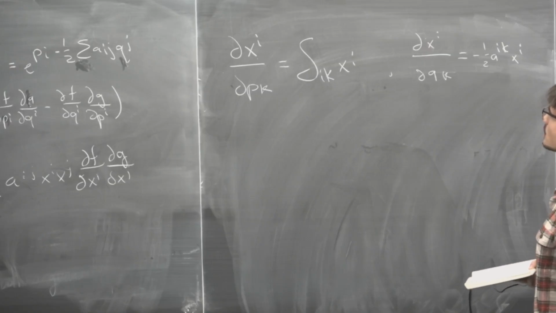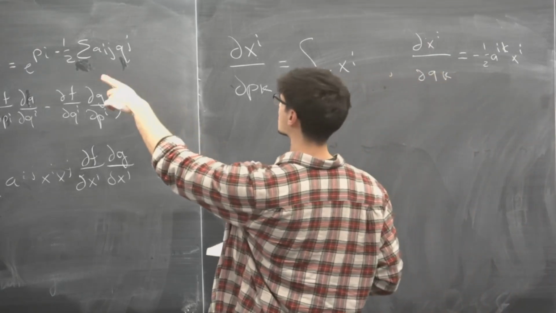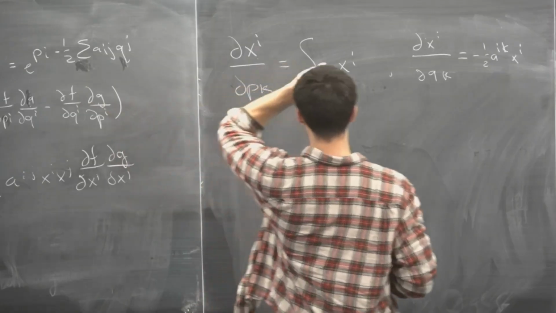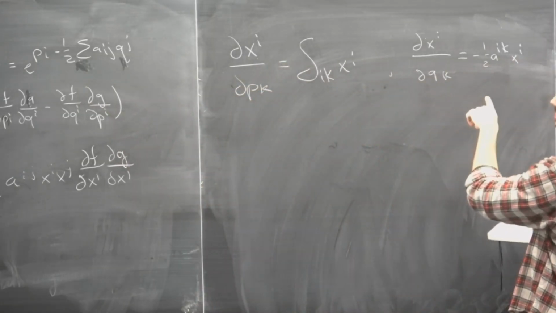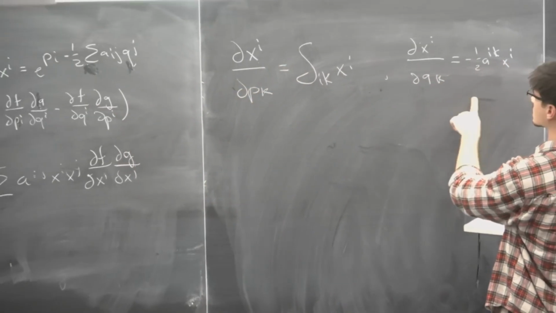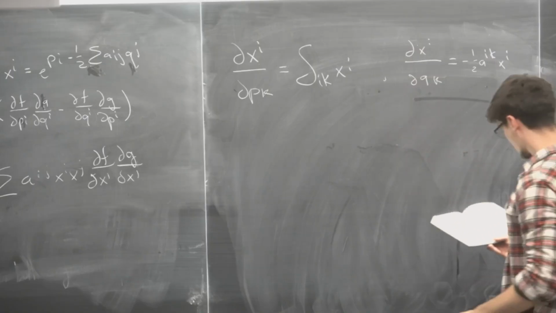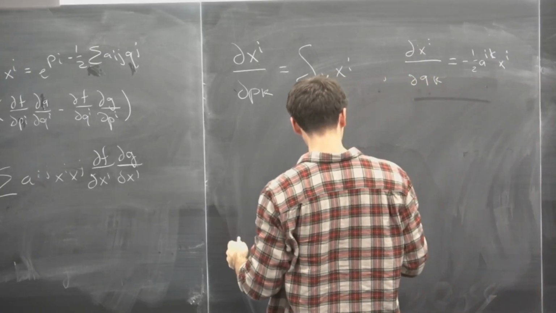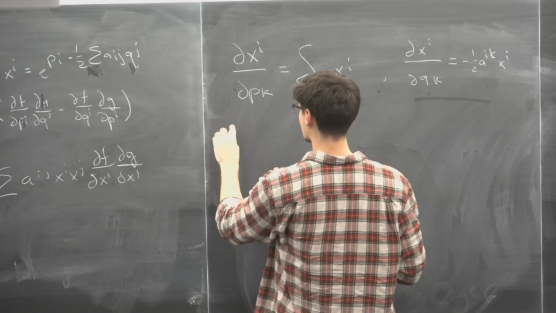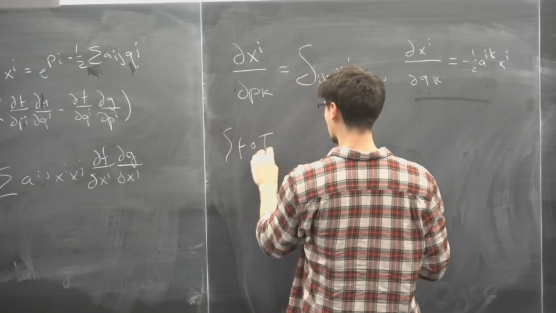I'm just taking the derivative of this with respect to p_k and the derivative of q, and I recover these two quantities. And what that allows me to do is check.